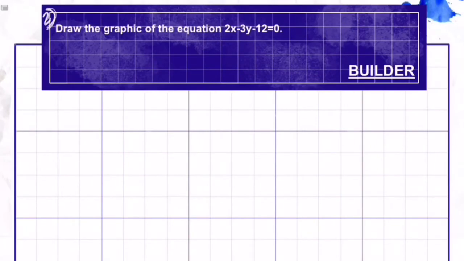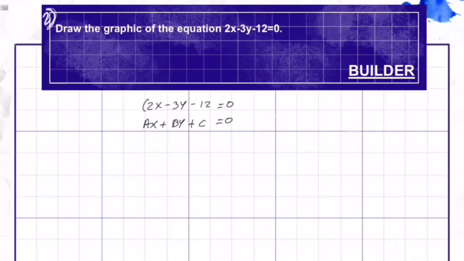So let's do the second example that states draw the graphic of the equation 2x minus 3y minus 12 equals 0. So we had 2x minus 3y minus 12 equals 0. If you notice this, the equation is in the standard and the general form of the line that states ax plus by plus c equals 0.